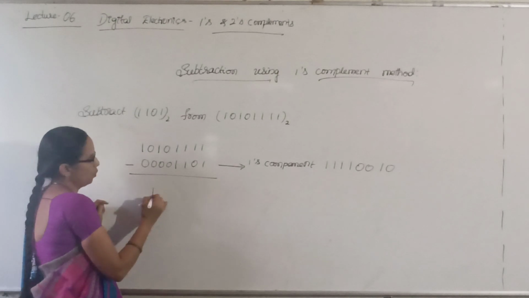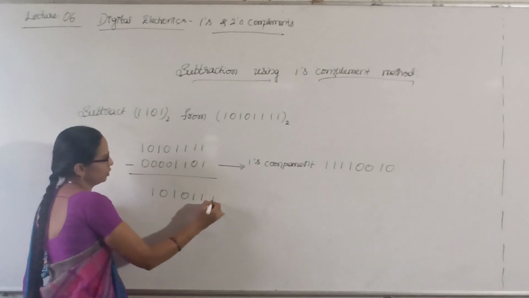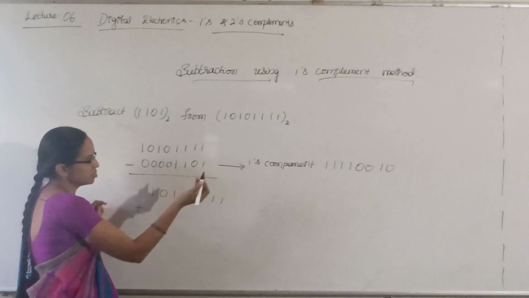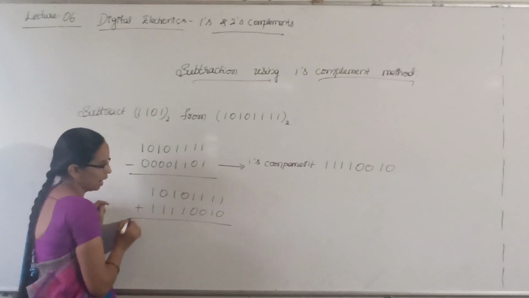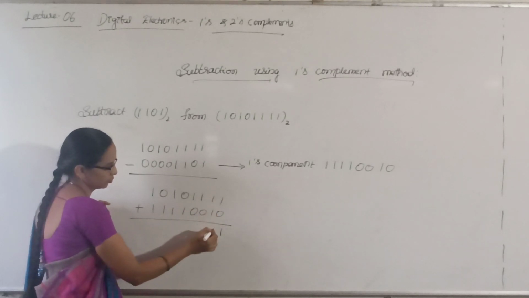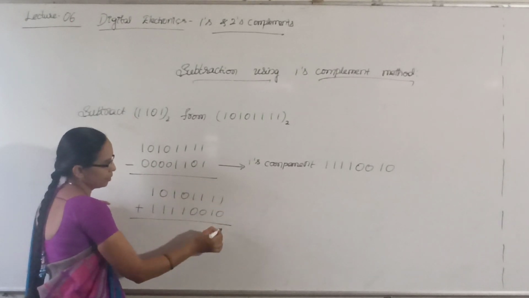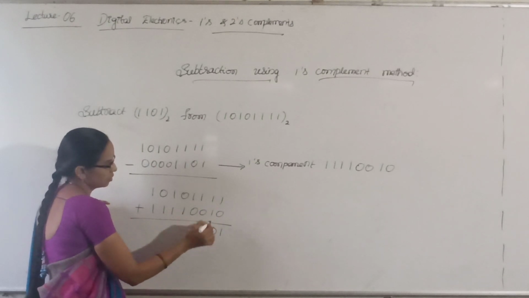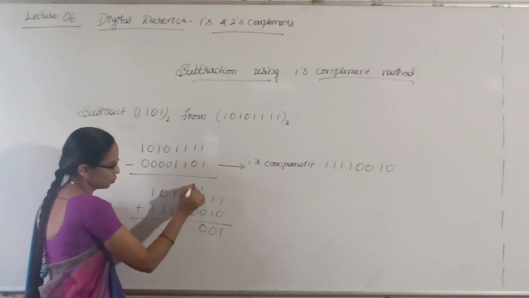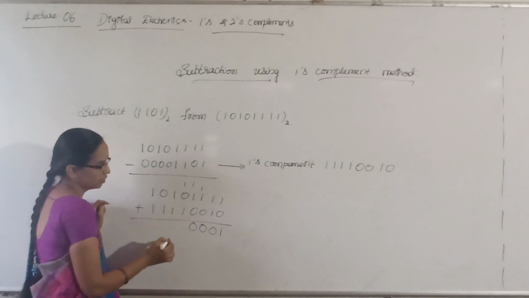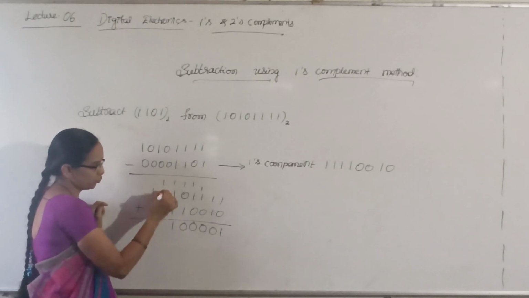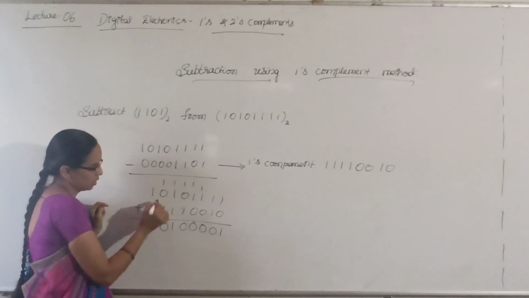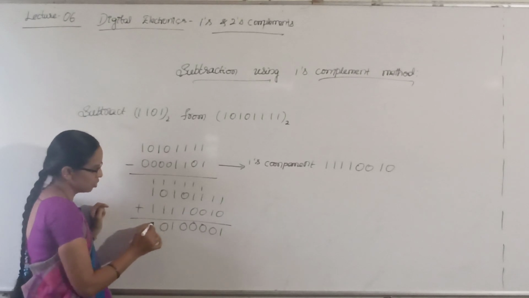Now 10101111 is our minuend, plus the 1's complement of the number. Add it. 1 plus 0, 1 plus 1 is 0 with carry 1, 0 with carry 1, 0 with carry 1, 0 with carry 1, 1 plus 1 is 1 with carry 1, 1 plus 1 is 1 and carry 1.